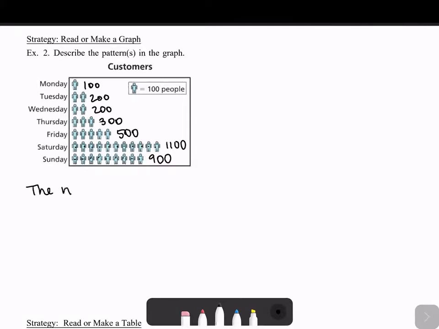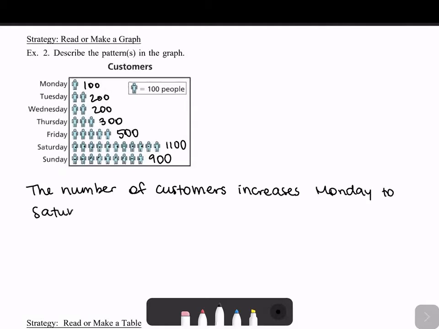The number of customers increases Monday to Saturday and decreases on Sunday. So yeah, that's all I would write for this one.